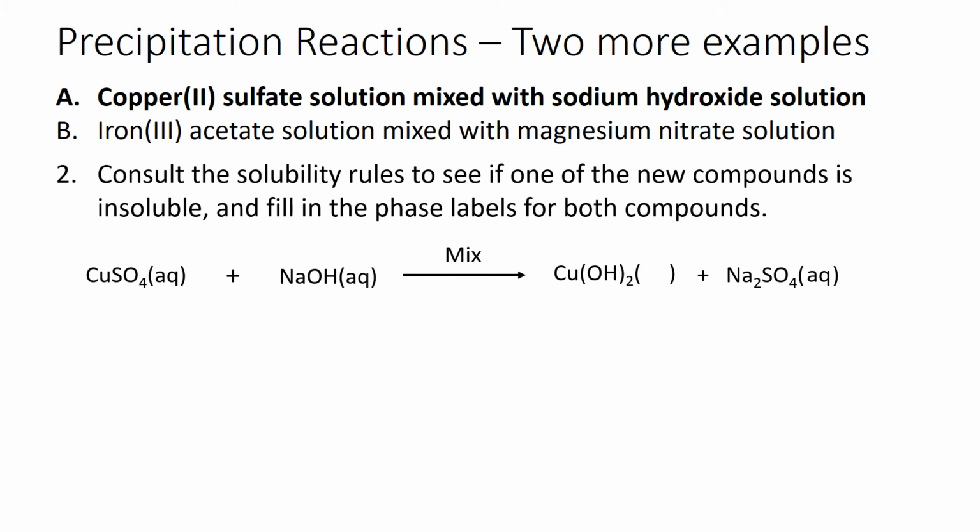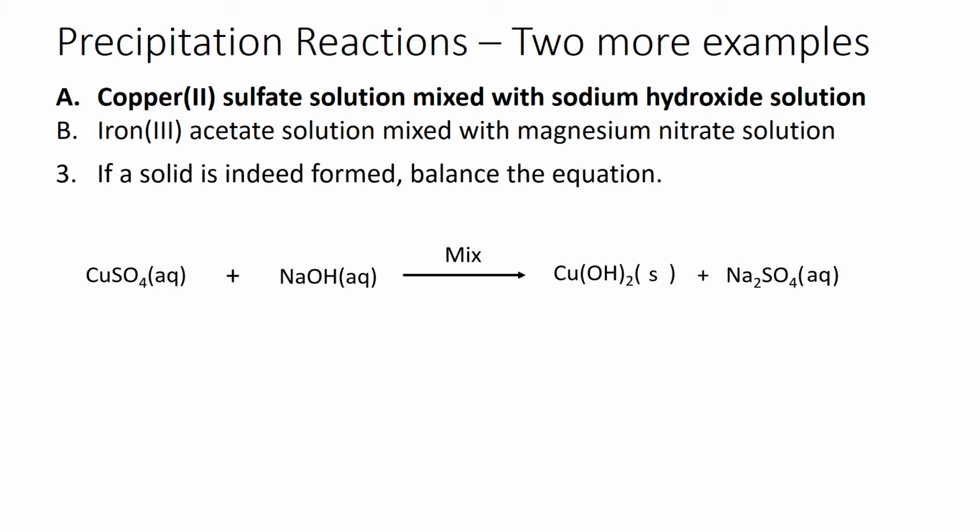But I do need to consult it for the copper 2 hydroxide. I find hydroxide and I see that most hydroxide containing compounds are insoluble. Therefore, and I look, copper 2 is not listed as an exception, therefore I make a solid. That is an insoluble compound.